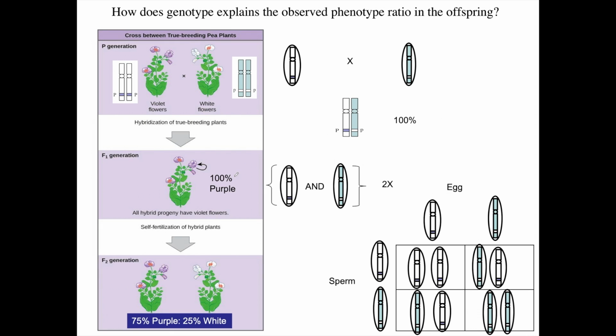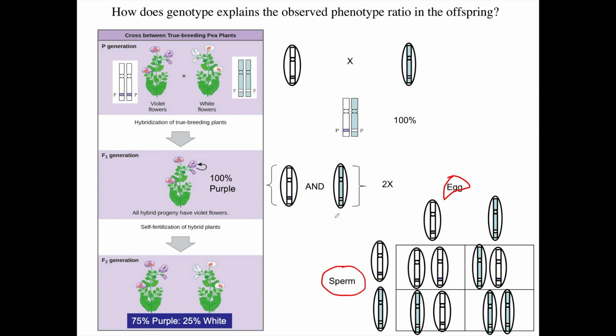Okay. Now we're going to fertilize this plant by itself. And remember, we said the plant has both male parts and female parts. The male part is going to produce sperm, and the female part is going to produce the egg.